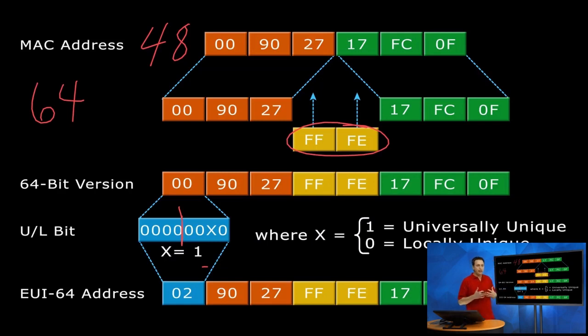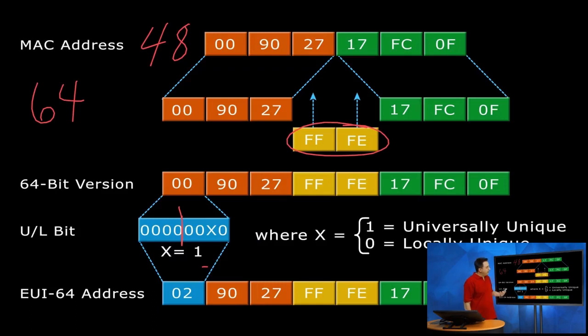When the IEEE hands out MAC addresses to the various organizations, you will find that the 7th bit, the majority, it's 0. It's the way they do it. And as a result of that, anytime you do the conversion here, you flip that 0 to a 1, and as a result of that, you get your EUI-64 address. It's just all part of the process to ensure that we have those unique values.